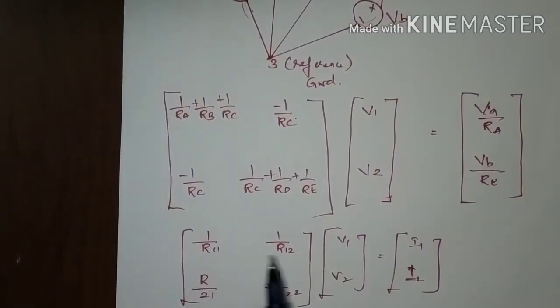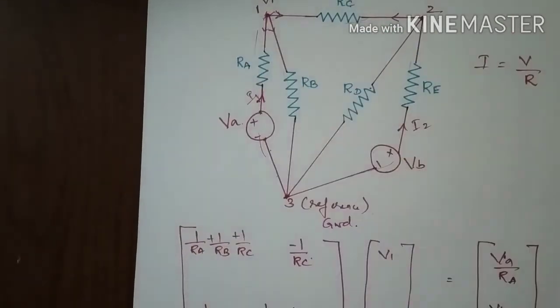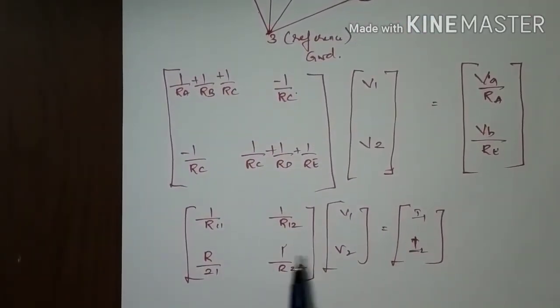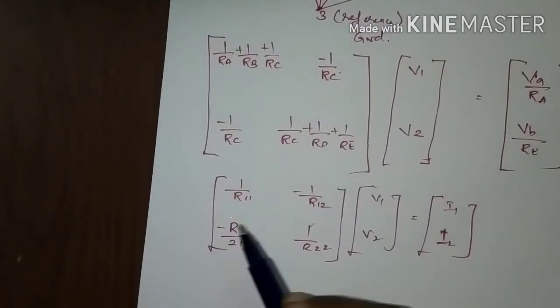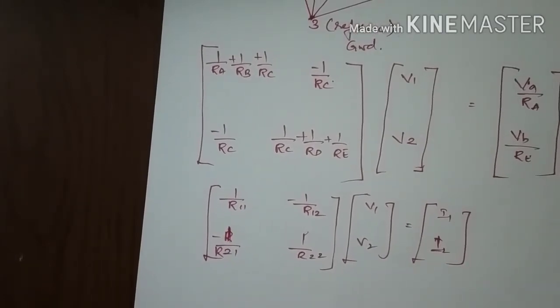Your R11 and R22 are the sums of the reciprocals of the resistances connected in node 1 and node 2. Your R12 and R21 are the sums of the resistances connected between those two nodes, taken with a negative sign.